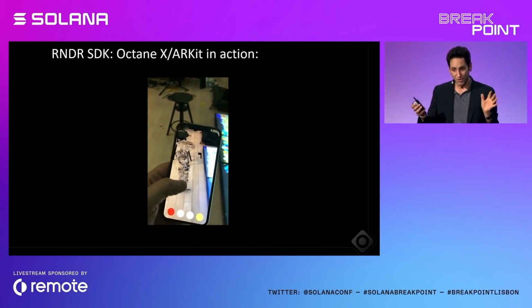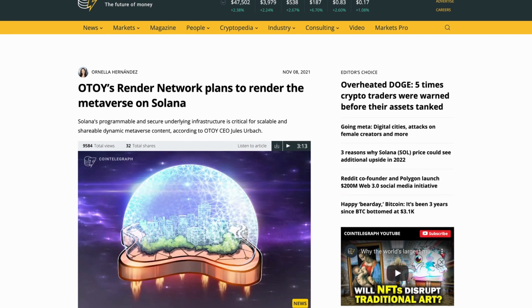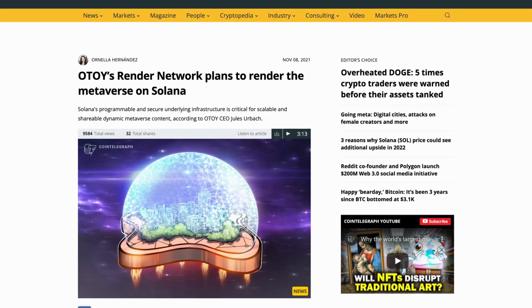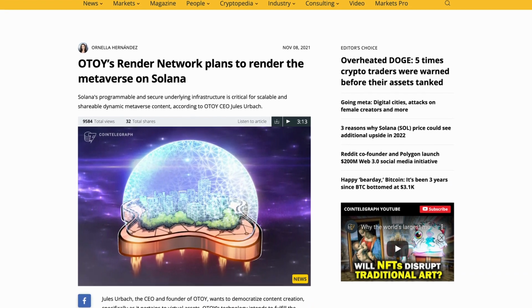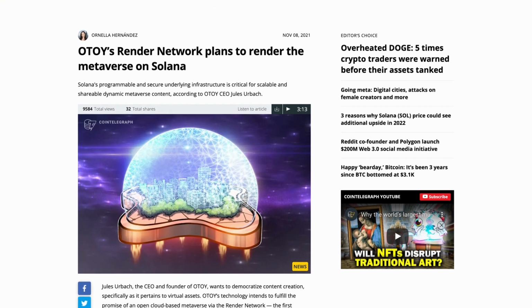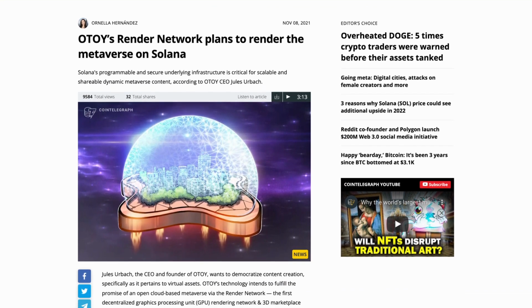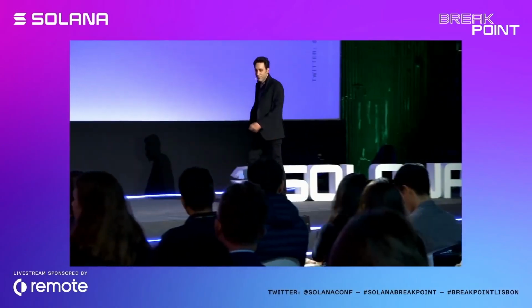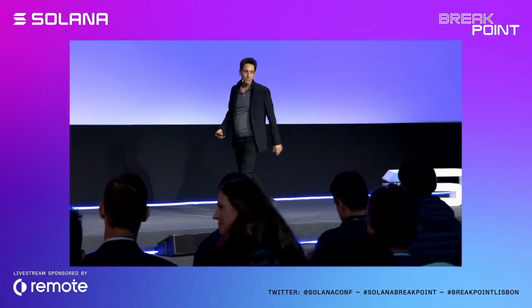Amazing! And already the latest ambitious positioning of Jules Urbach with Render is to take the lead in rendering the metaverse in Solana. At Lisbon's Solana conference a few weeks ago, he announced these plans.